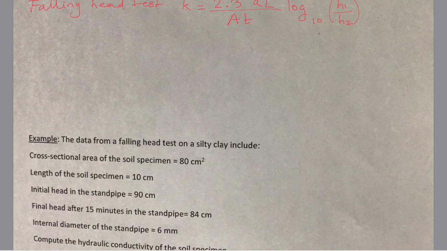It says the data from a falling head test on the silty clay include a cross-sectional area of the soil specimen of 80 square centimeters. So I think you'll agree with me that that should be capital A. Then the length of the soil specimen is 10 centimeters, which is capital L. The initial head is given as H1. The final head after 15 minutes is 84 centimeters, which is H2.